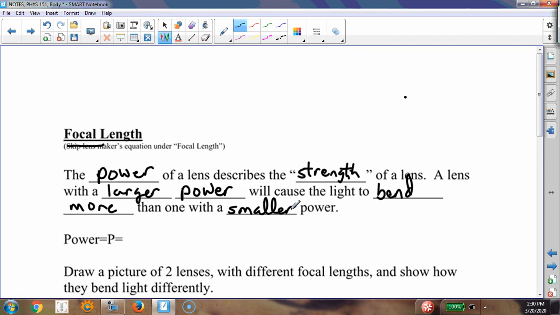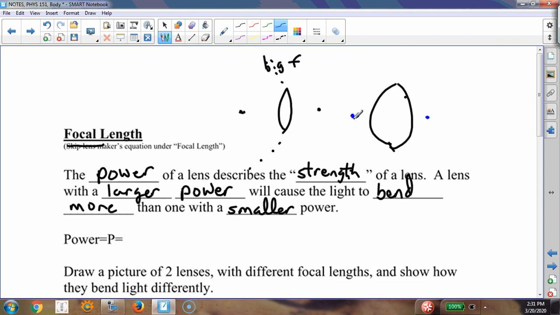You can think about how these lenses might look. Let's imagine that I have a lens that's like this, and then I have a lens that has a much smaller focal length. See, this one has a big focal length. I might remember these are part of a sphere. And so the focal length for this would be out here, but for this one, the focal length would be right here.